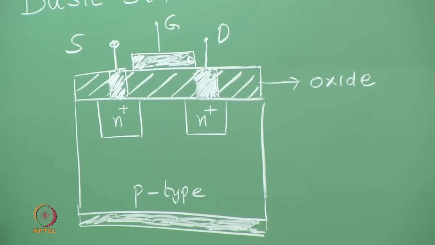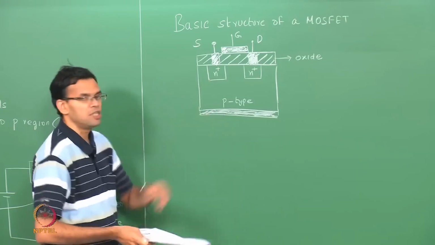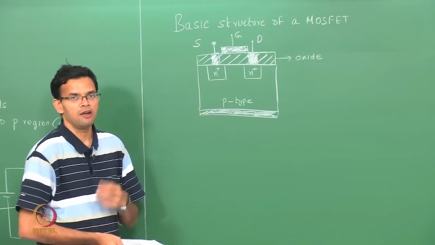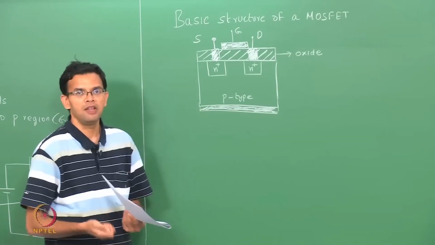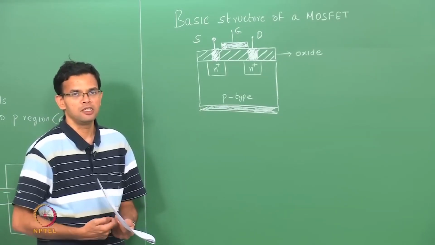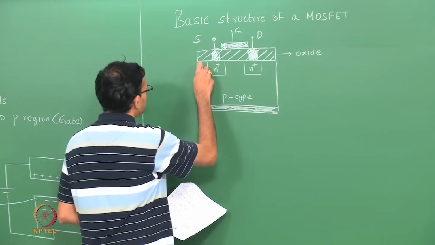So the two n plus regions form a junction with the p type. So you have two p-n junctions. Since n plus is heavily doped, most of the depletion region will be on the p side.